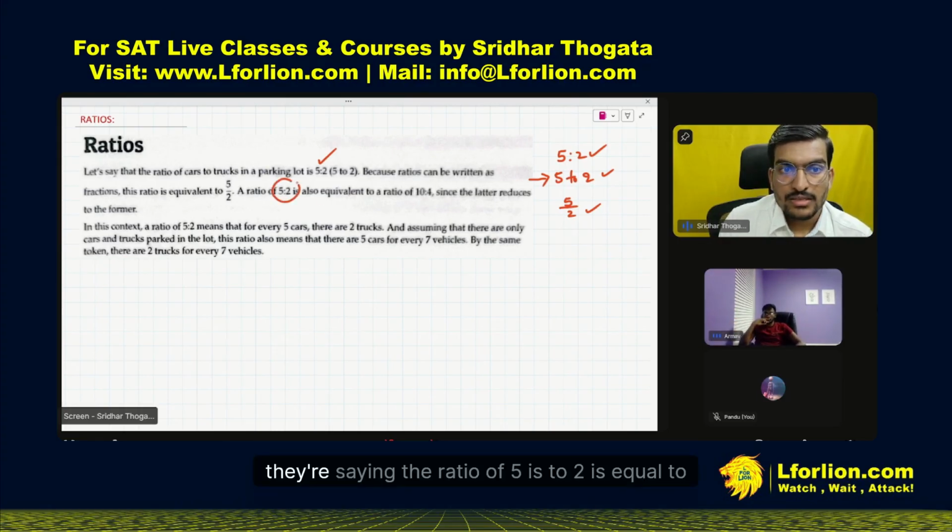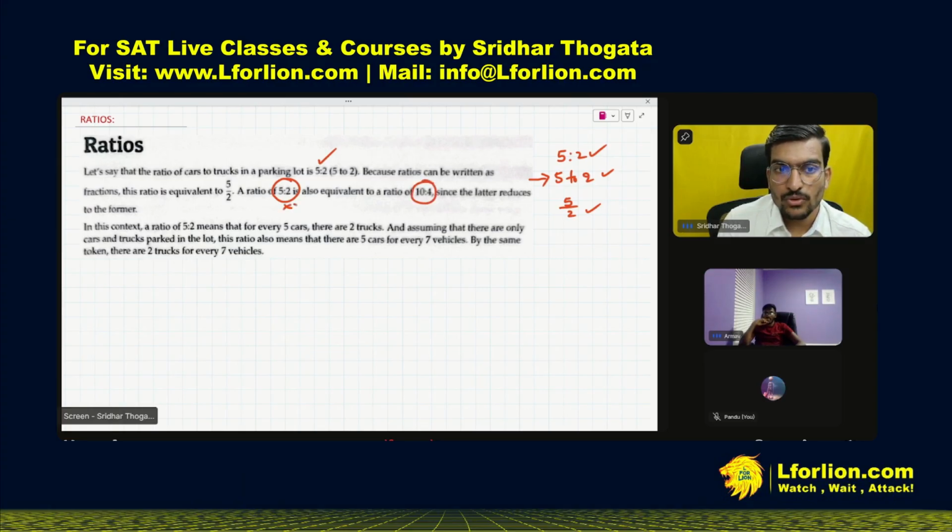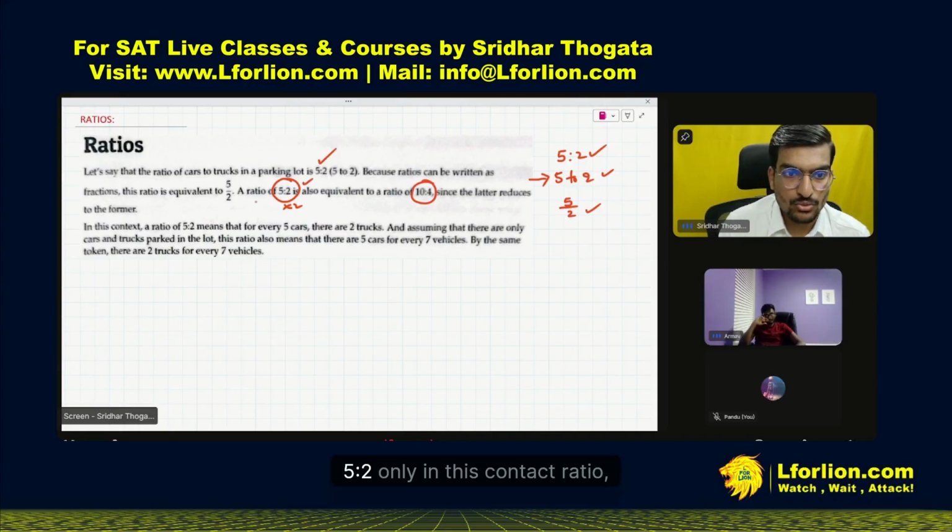They're saying the ratio of 5 is to 2 is equal to 10 is to 4, like if you multiply by 2, you get 10 is to 4. You can do that, multiplied by 2, 3. But finally, the reduced format of that ratio is 5 is to 2 only.